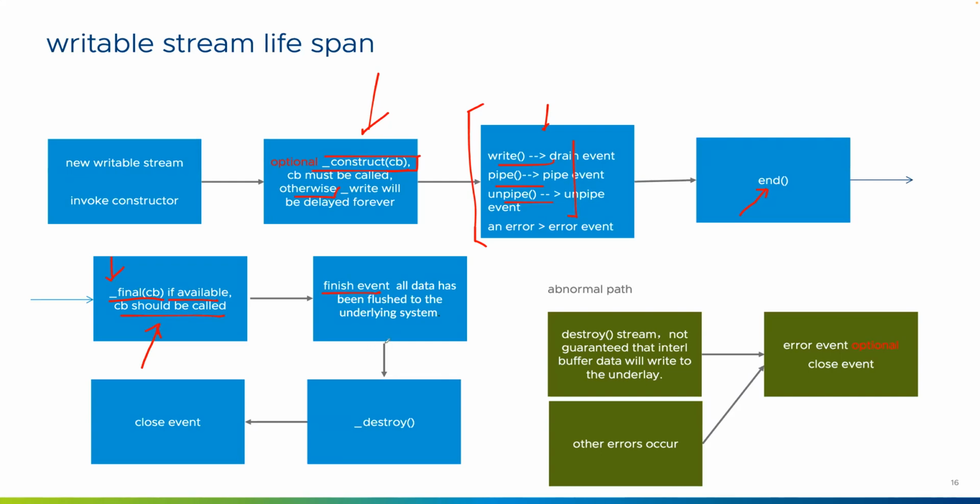And then the next one will be underscore destroy. So the finish event will trigger underscore destroy, to destroy the whole stream, right? Destroy your instance. So underscore destroy, if available, will trigger the close event to close the whole life cycle.